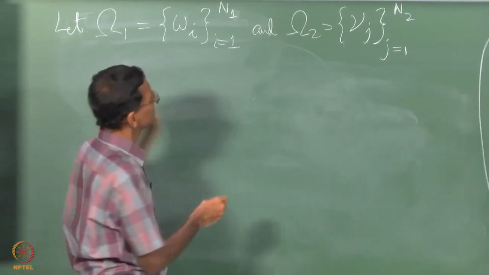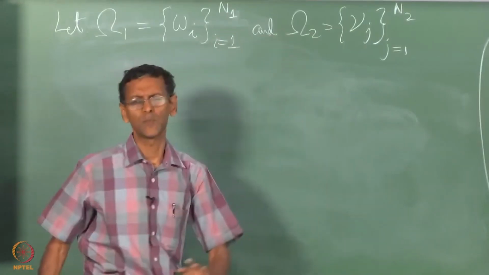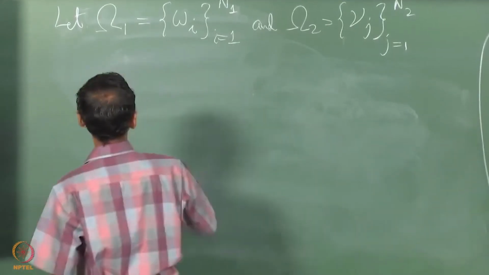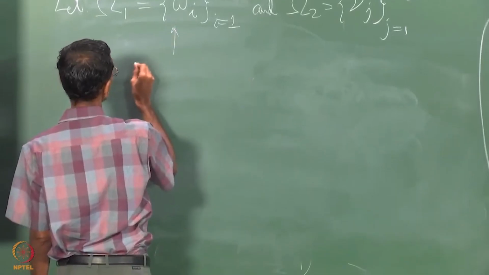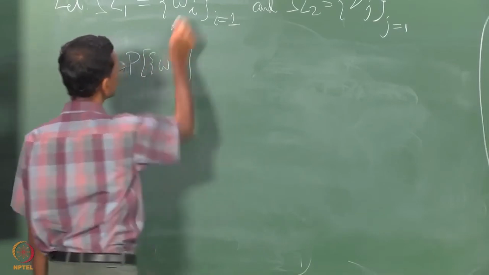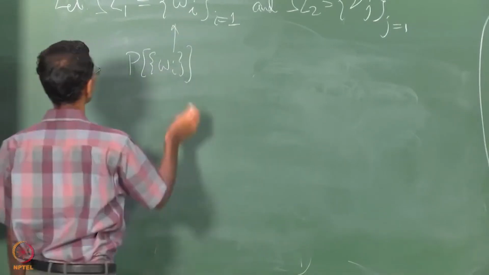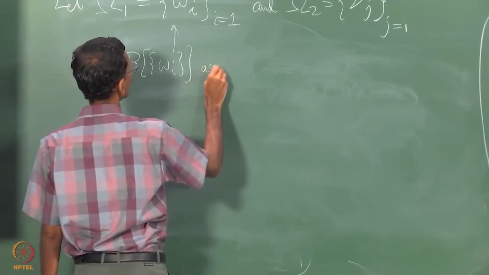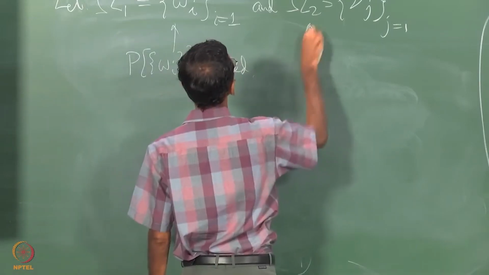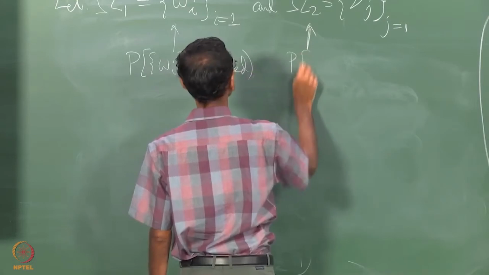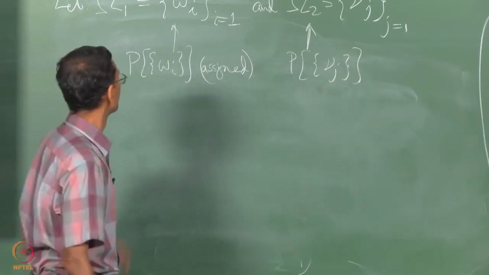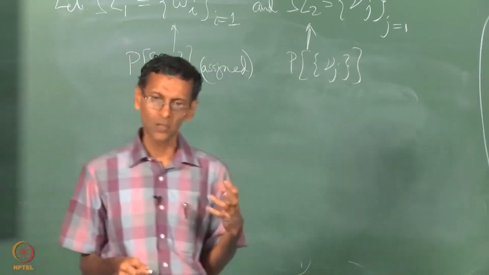And then independently or separately we start out with some probability assignments to the two. So here we have the probability assignments capital P of omega_i. These singleton events have all been assigned probabilities already, and both of these are assigned. This is anyway our starting point for the discrete case.